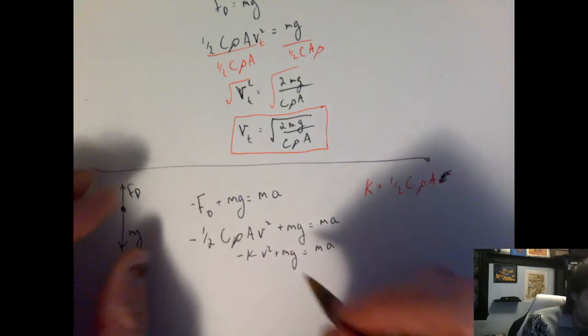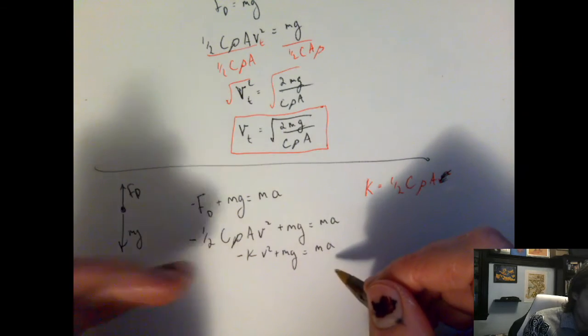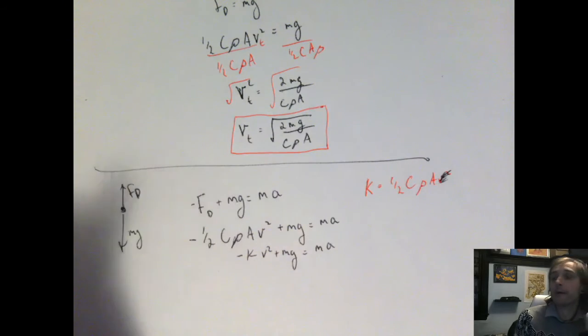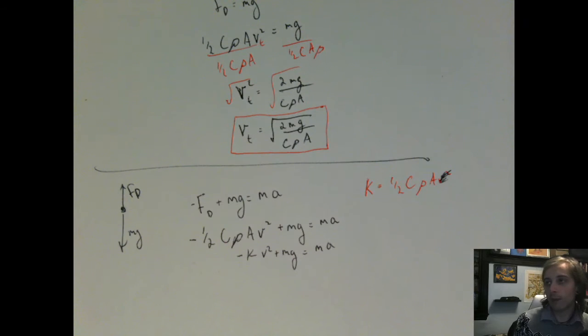From there, the problem with trying to turn this in as a function of time is that we can't just integrate both sides, because if we integrate acceleration, it'll give us velocity, or if we integrate velocity, it'll give us position.